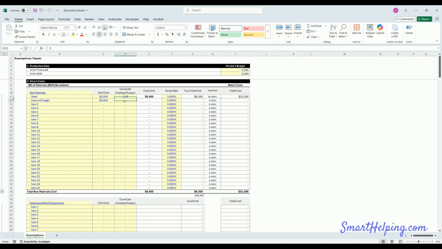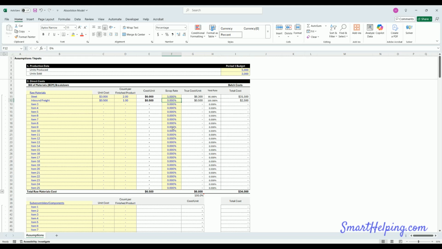And then let's say here, inbound freight, so 50 cents a unit, and we'll say 1 unit here. So every unit you're paying 50 cents.